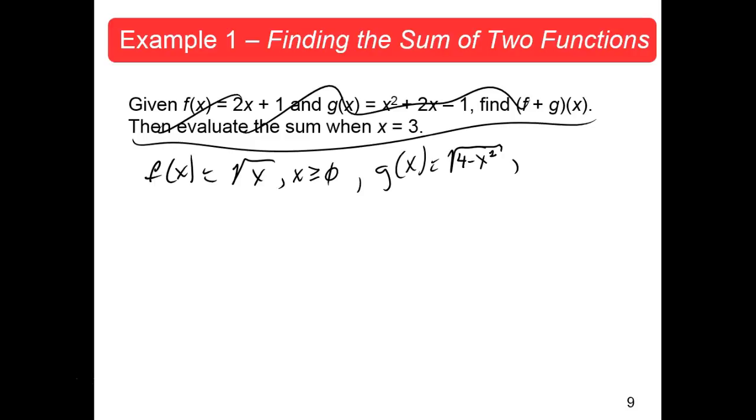Same thing as before, except now it's an expression under there, not just a single variable. That expression is what's under the radical, 4 minus x squared. And what can you tell me about it? What do we say about it? It has to be greater than or equal to 0.